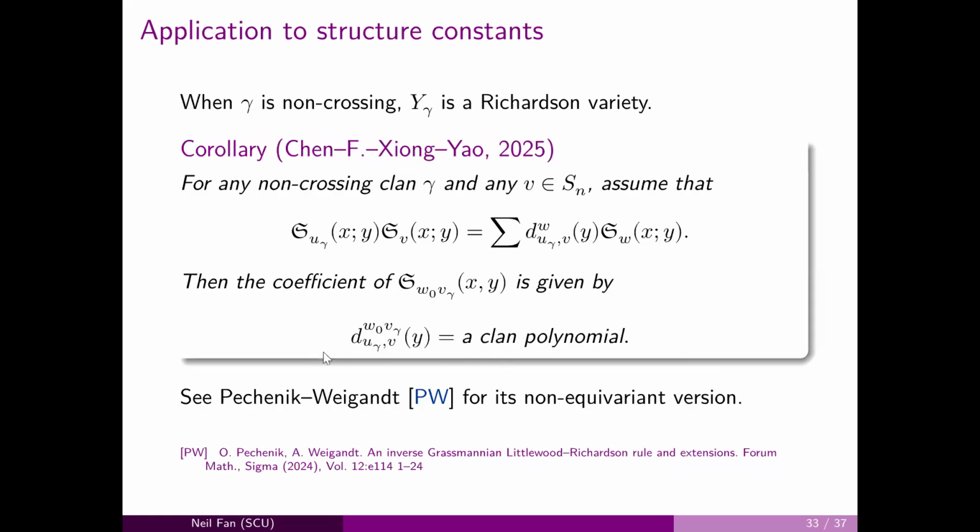It's worth mentioning that Pechenik and Weigandt introduced backstable clans, and they used them to give a Littlewood-Richardson rule for the product of two Schubert polynomials indexed by inverse Grassmannians. They consider the single case.